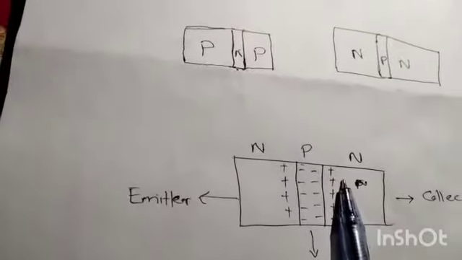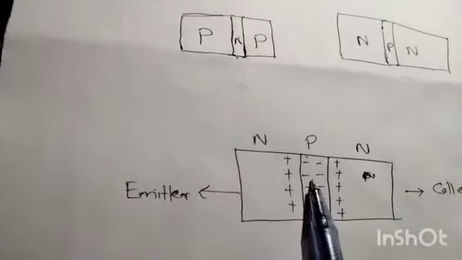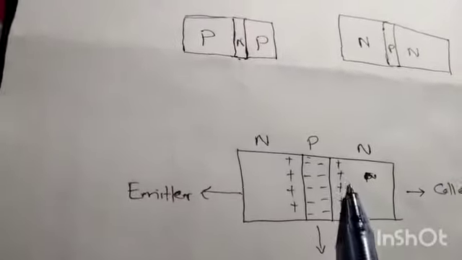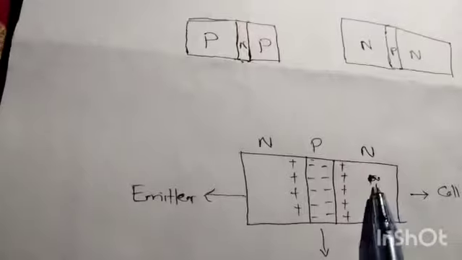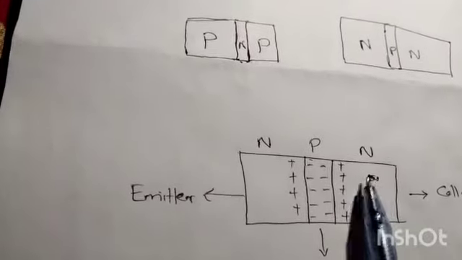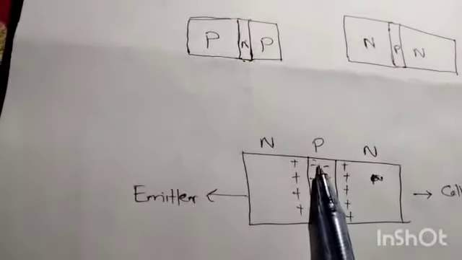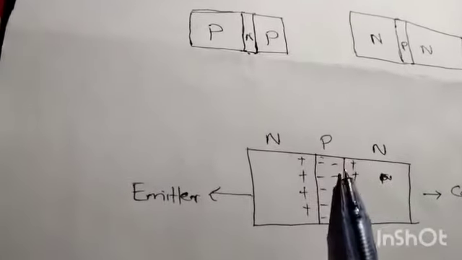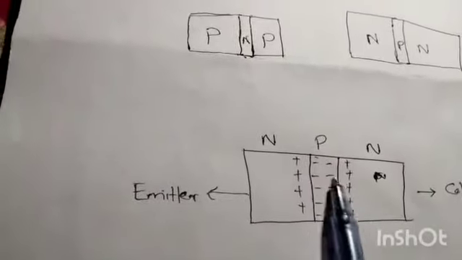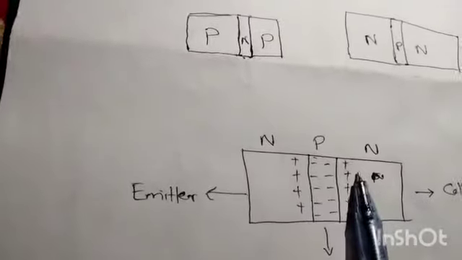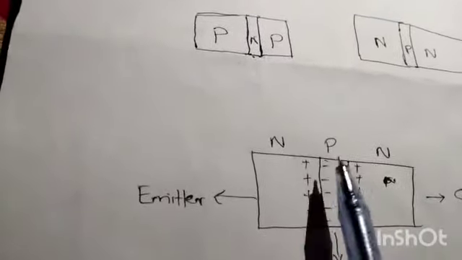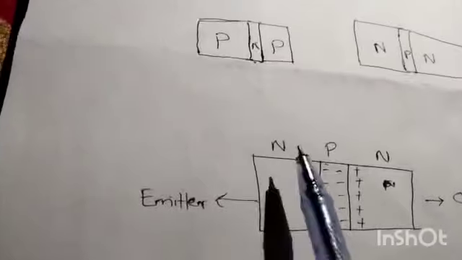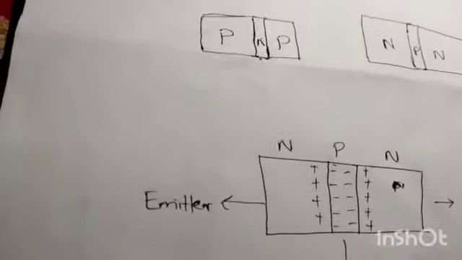When electrons move from N towards P, they leave positive holes in the N region, meaning there is a deficiency of electrons, and electrons are accommodated in the P side. Now there is an excess of electrons in the P side, so there is formation of a PN junction on one side, and another PN junction on the other side.